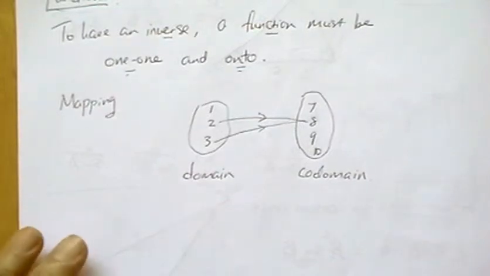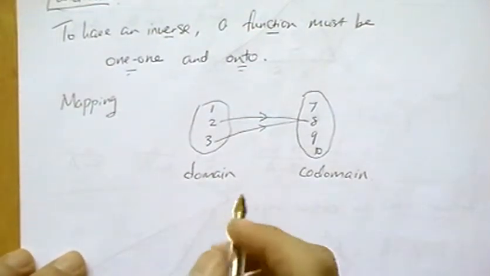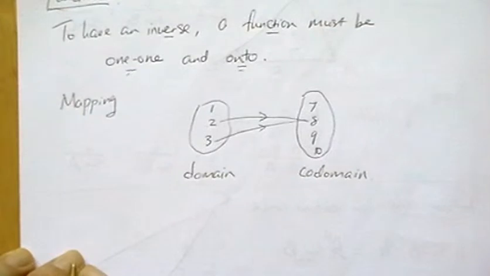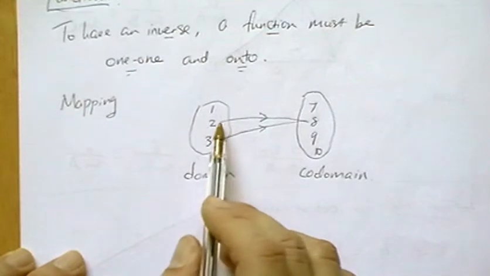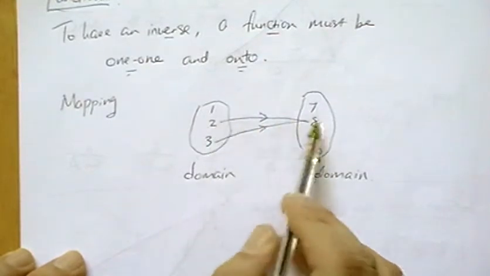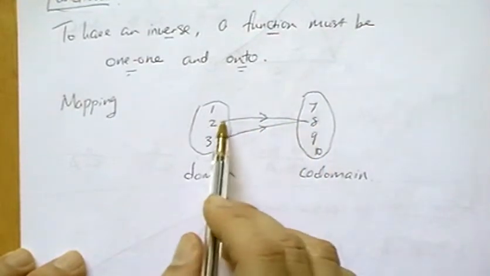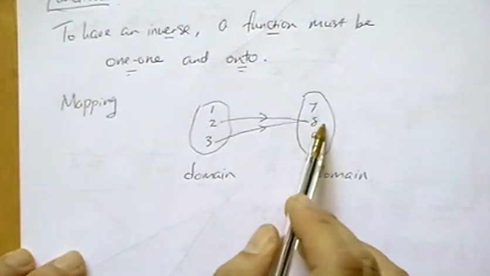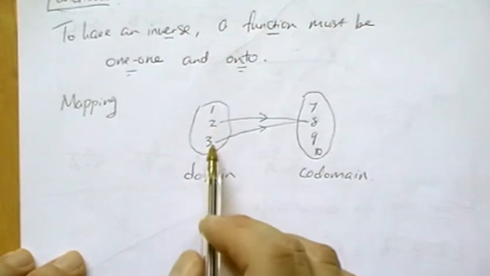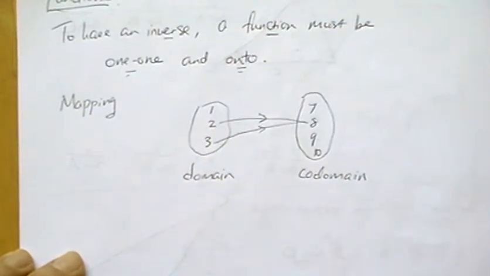Now in this case, we say that this mapping is not 1 to 1. Meaning not one number mapped onto one number, but we can have two numbers mapped onto the same number.